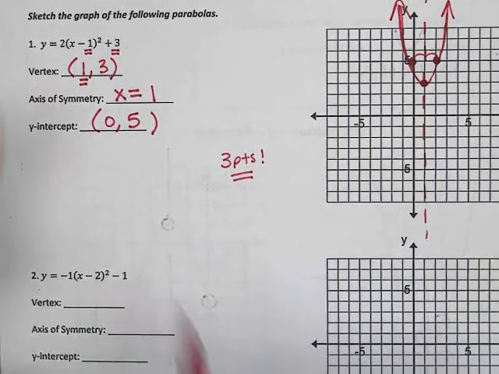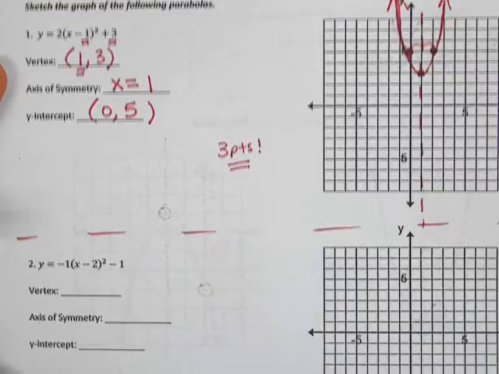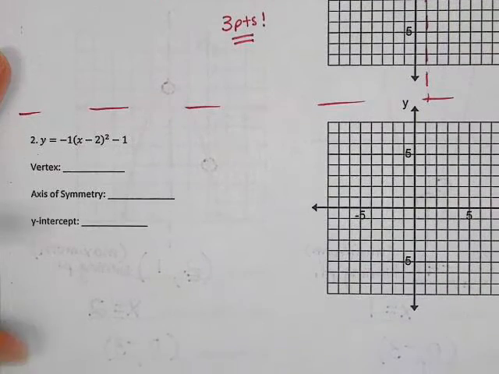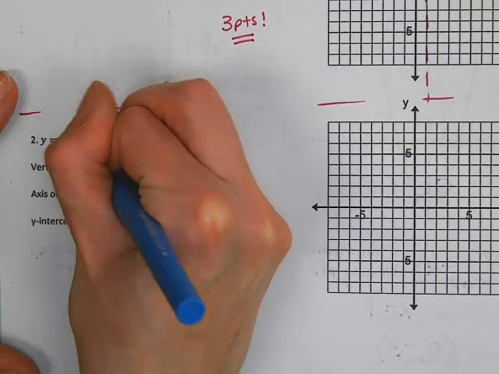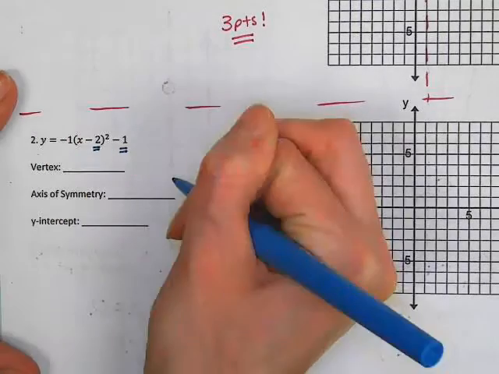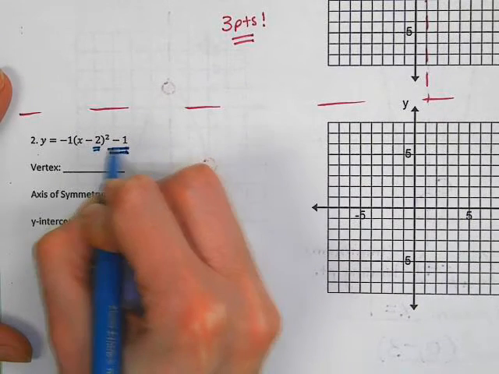All right, if you guys want to stop, go for it, but I'm going to do one more. All right, so let's try it again. So same thing, vertex is h comma k. This number is h and this number is k. Well, actually this whole thing is k.